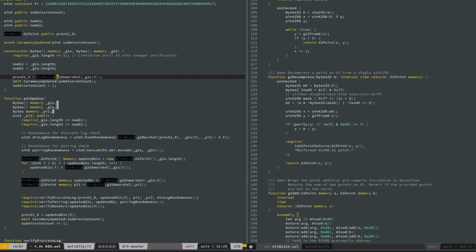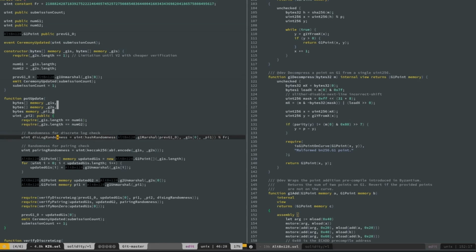And over here, this unmarshal and marshal is just interpretation of bytes and then creating a number. So very simple, like from group element to bytes, basically. It's a serialization or deserialization process. Cool. So the inputs here must be the same length as what was set in the constructor.